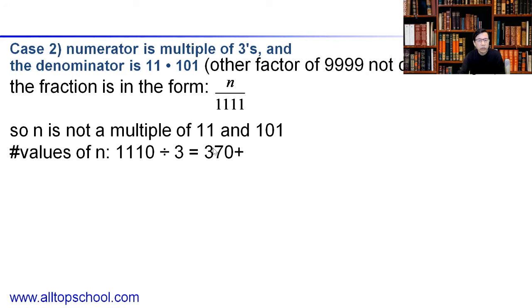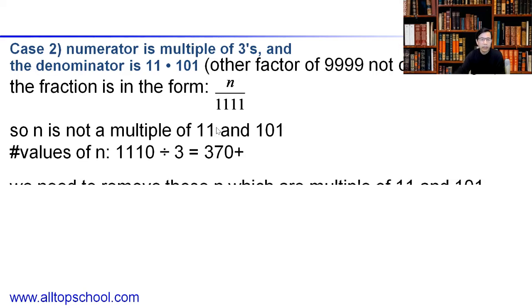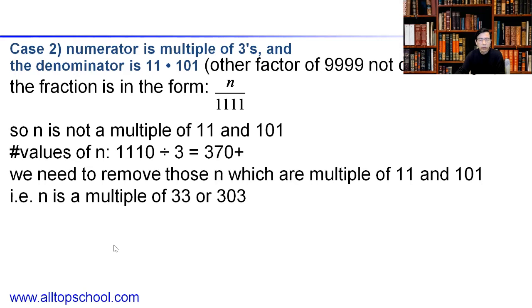This includes those that still have some multiples of 11 in it, some of 101 in it. So which is still a multiple of 3, but we should exclude those numbers which are multiples of 11, multiples of 101, and also multiples of 3. So obviously that's going to be multiples of 33 or multiples of 303.